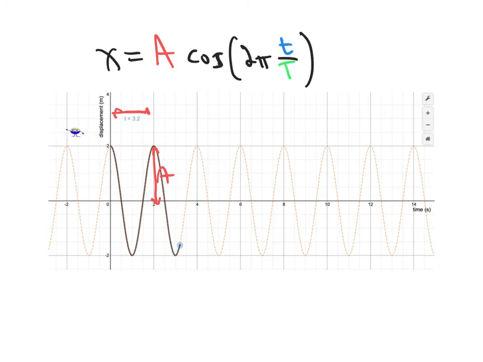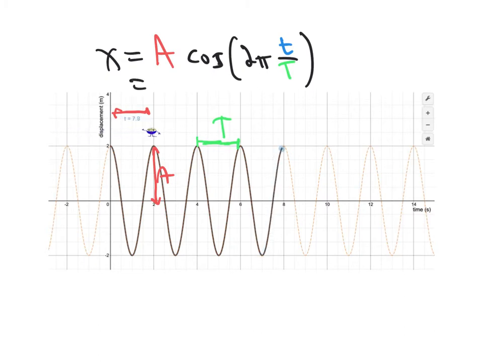And the period is the time it takes to repeat once, so it might be from here until it has gotten here, which will be 1 repetition. And so that would be T. For our particular values, I think we can see here that A is 2 meters.